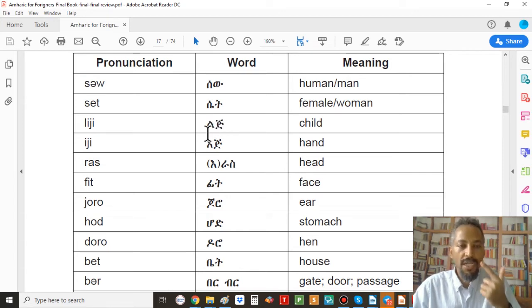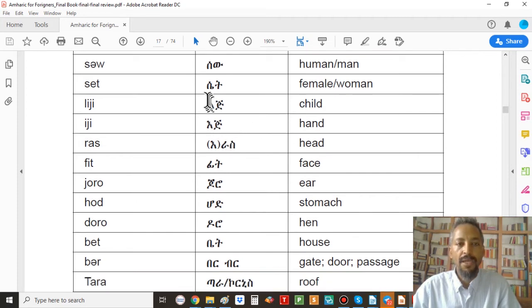I'm counting the letters so you can understand the pronunciation. Otherwise, when we normally speak, we don't say lij. We say lich. Lich means child.